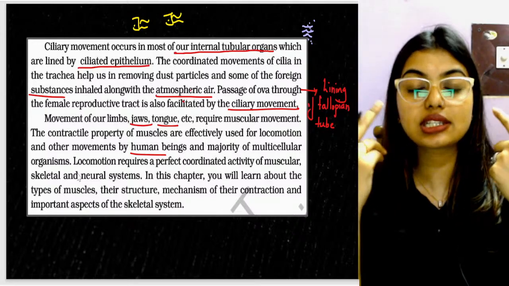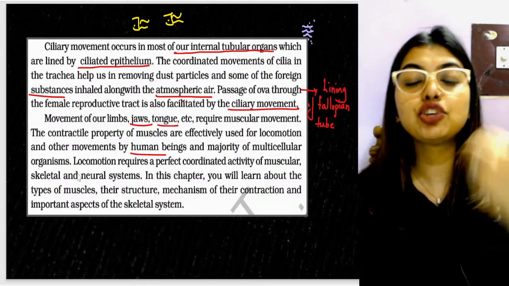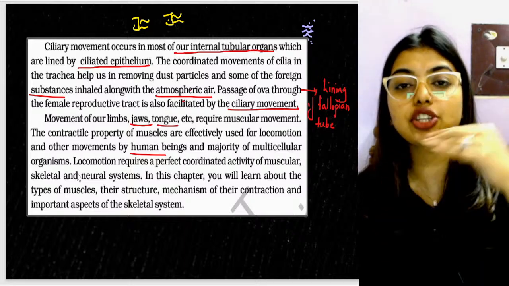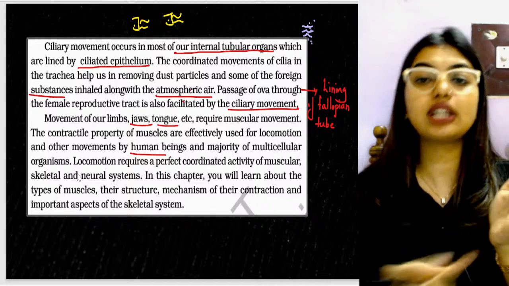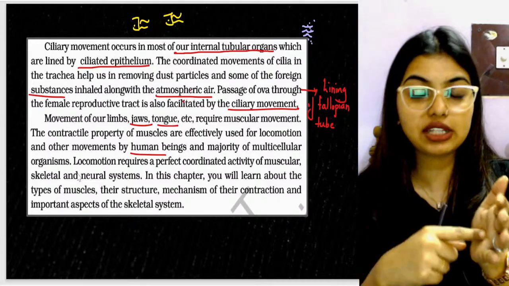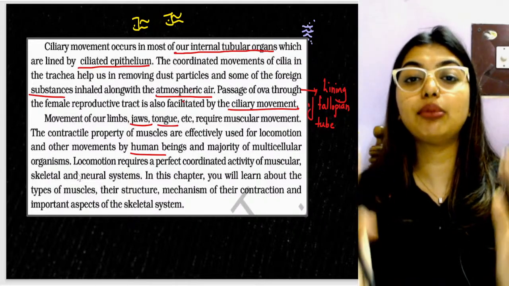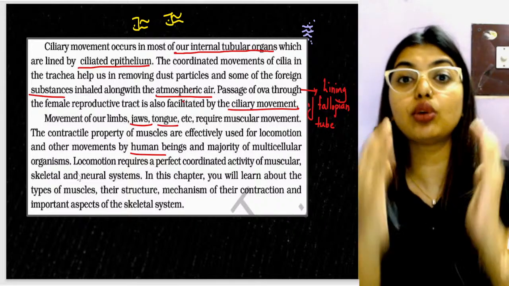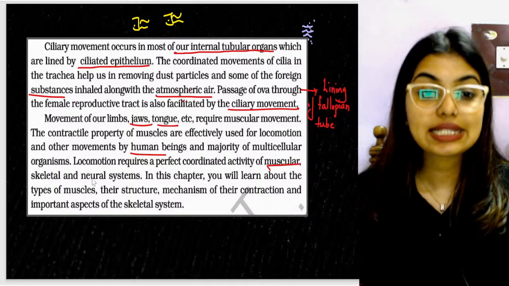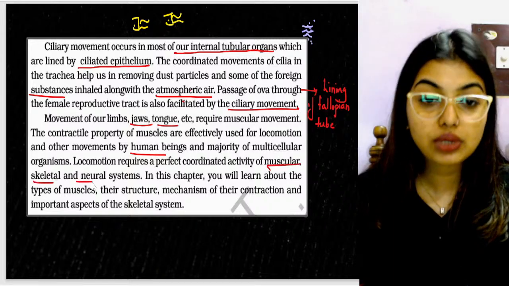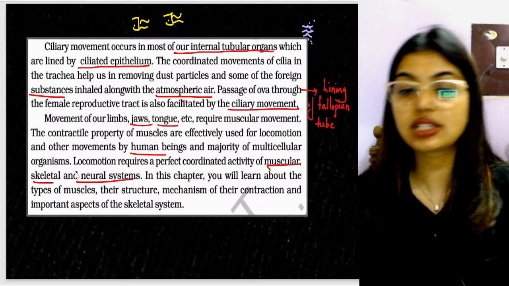First, your neural system will send you a signal telling you that you are in an emergency situation and are supposed to run. After the signal is received, your muscles contract, your bones help them, and that is how your entire body is locomoted. So locomotion happens when your muscular, skeletal and neural systems are working.